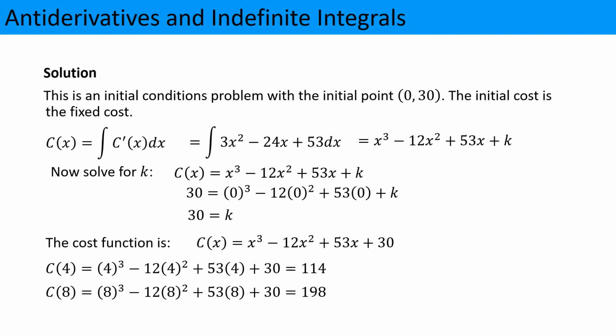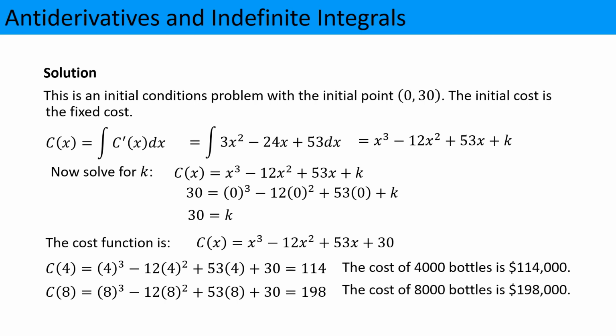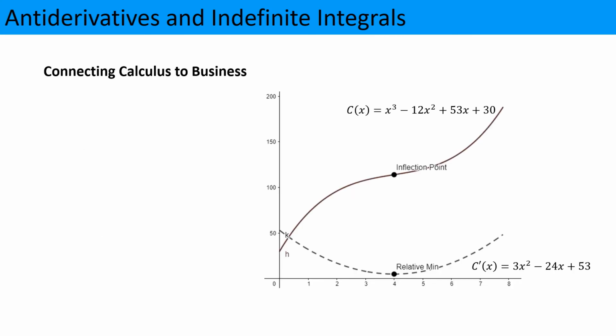Now remember, these numbers are in thousands. So the cost of 4,000 bottles is $114,000, and the cost of 8,000 bottles is $198,000.